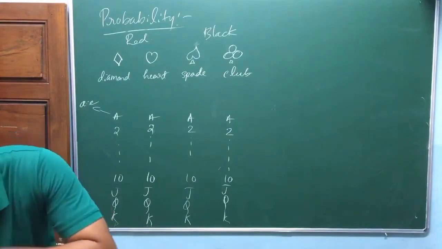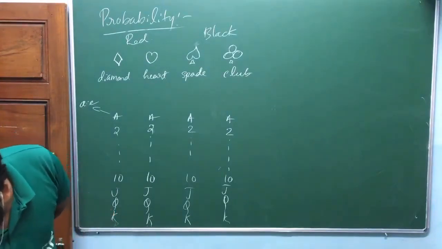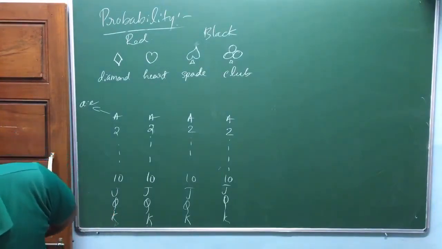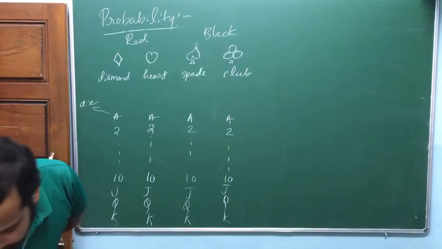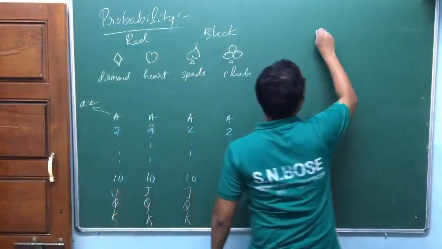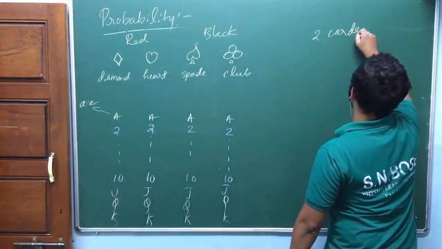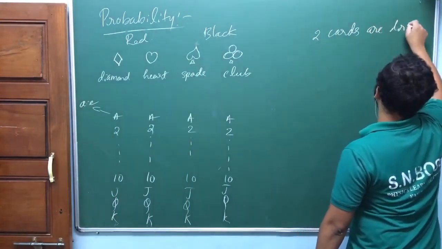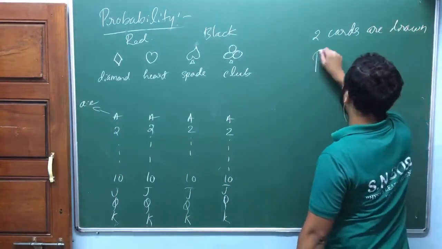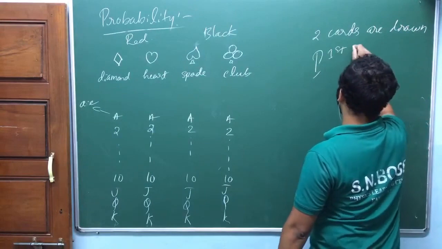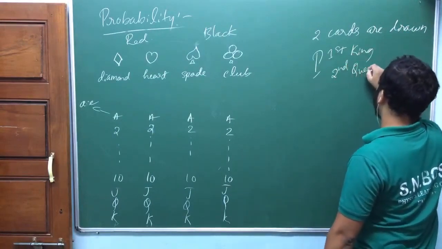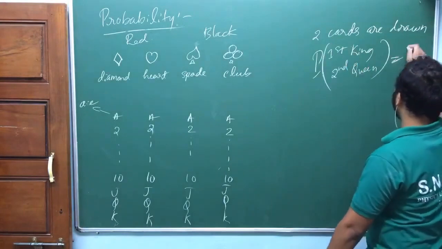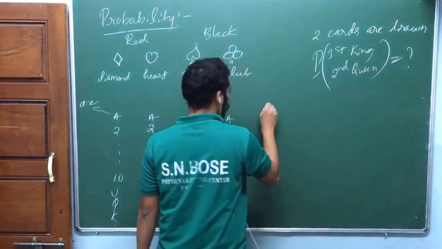Now look at here. Example 26.14. Two cards are drawn in succession from the pack of 52 cards. Find the chance that the first is king and the second one is queen. Wait a second, there are two types.